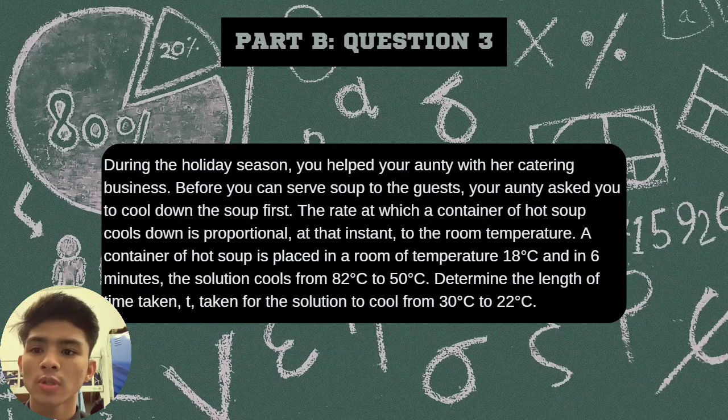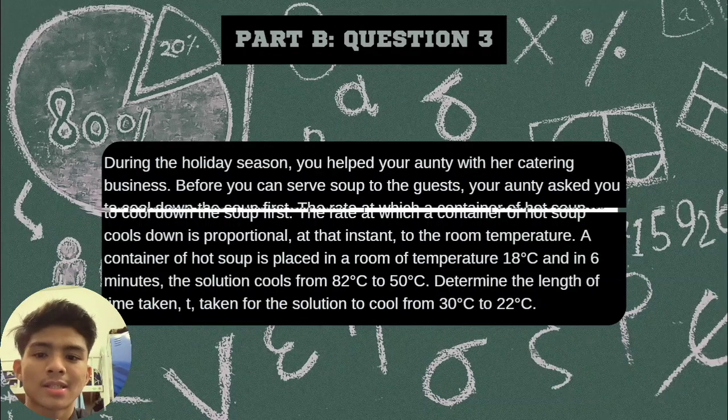A container of hot soup is placed in a room at 18 Celsius, and in 6 minutes the solution cools from 82 Celsius to 50 Celsius. Determine the length of time, t, taken for the solution to cool from 30 Celsius to 20 Celsius.